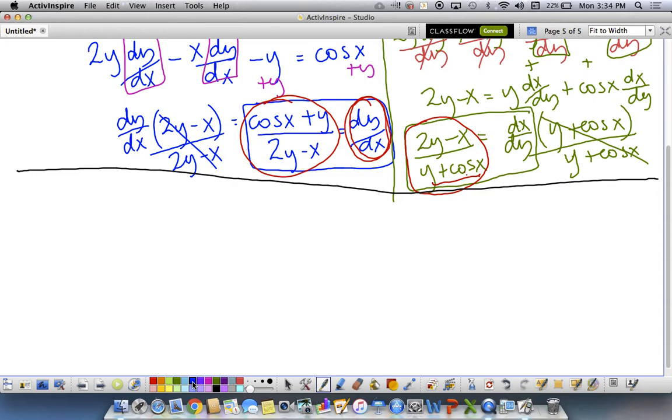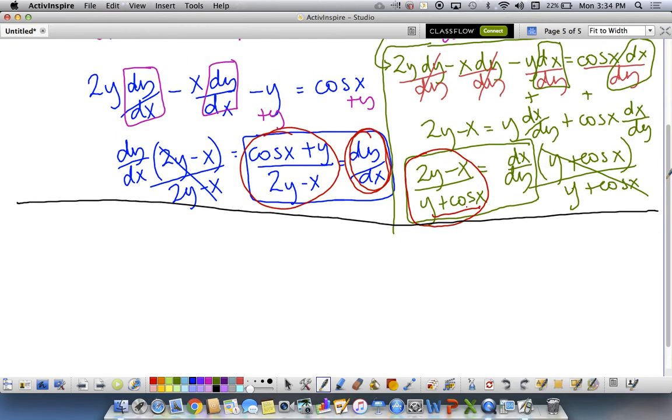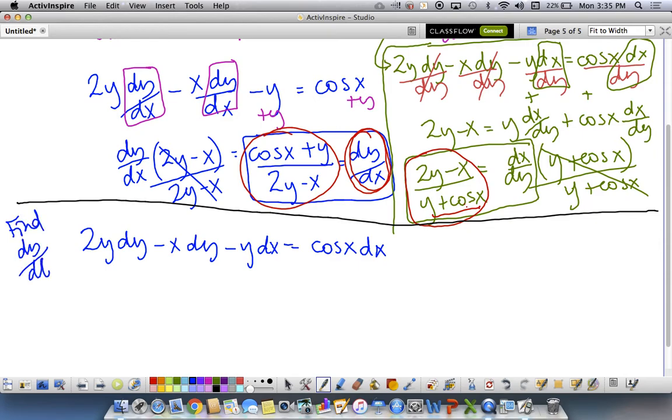Oh, but what do I need? I need the problem at the top. I need our differential. There we go. I can see it in green. So here we go. We've already taken the differentials. So I have 2y dy minus x dy minus y dx equals cosine x dx. And they want us to find dy/dt.